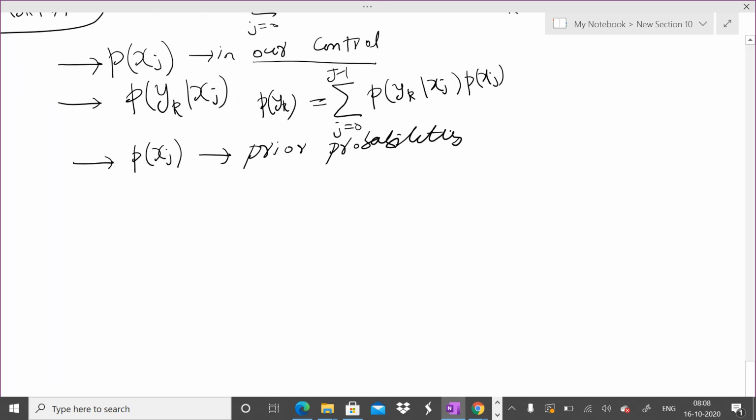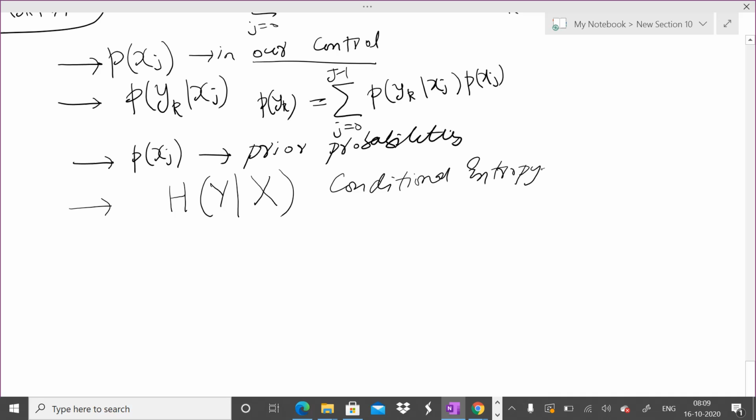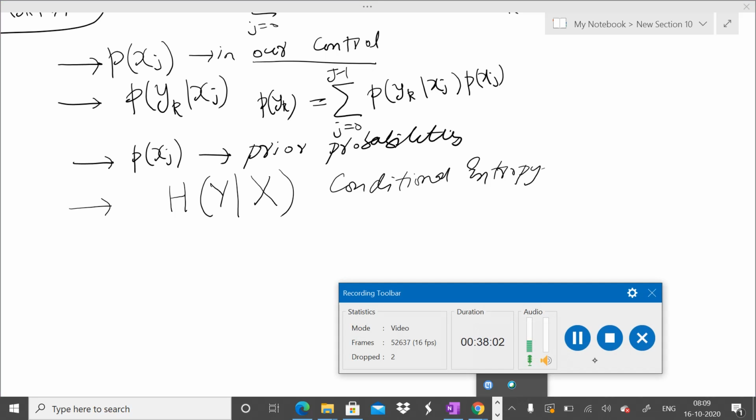Next time, we will first look at the entropy of y at the output given that x was transmitted. This is called conditional entropy. I will define this in the next class, and then we are all set to define a very important quantity called mutual information in the next lecture. Thanks.